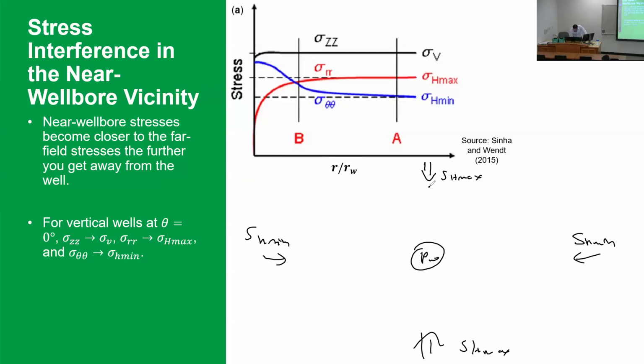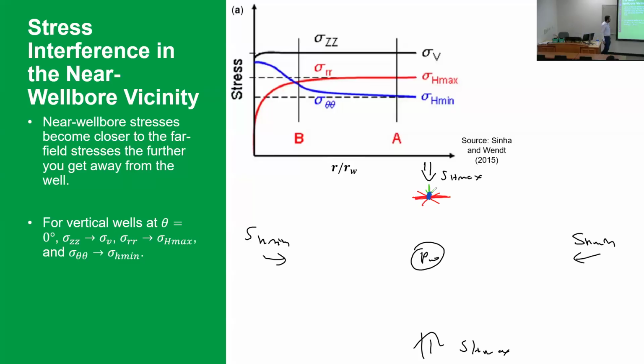I want the stresses here, far away from the well. Try to draw the stresses in this direction. The radial stress will look like this. The tangential stress will look like this. The axial stress will look like this. I don't care about the shear stress for now.